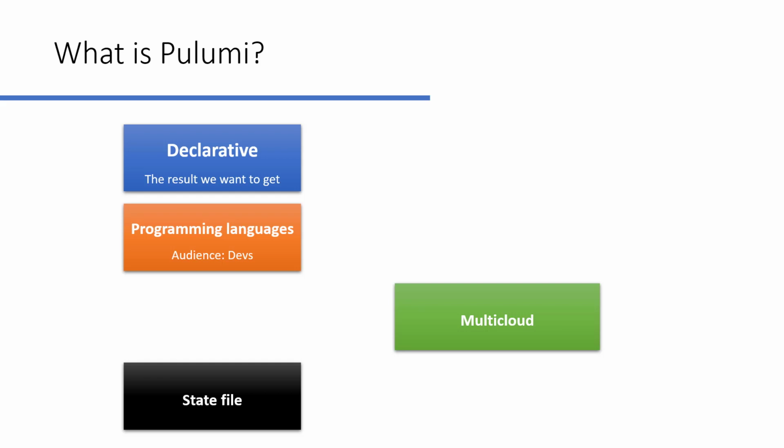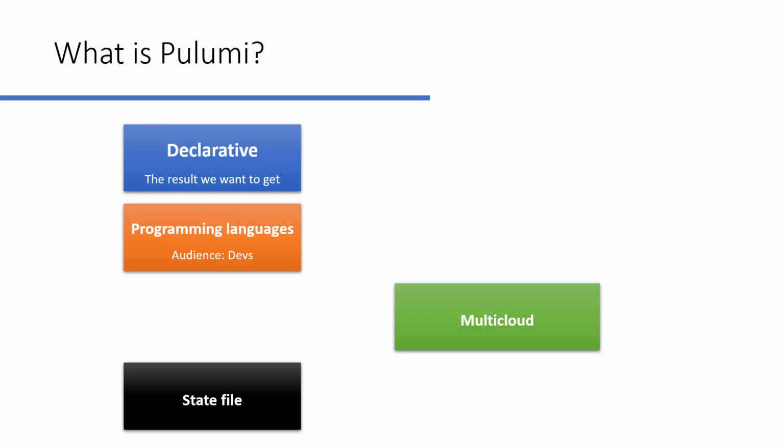It means that Pulumi will determine if it needs to create resources, delete resources, or update existing resources. Pulumi also relies on programming languages, meaning .NET, Python, Go, JavaScript, which obviously target developers and not IT pros, who may be less familiar with programming languages.